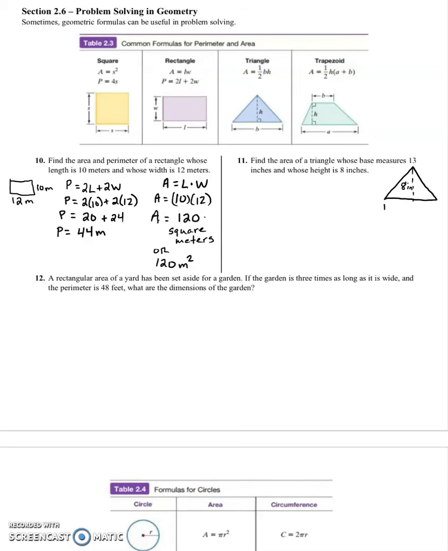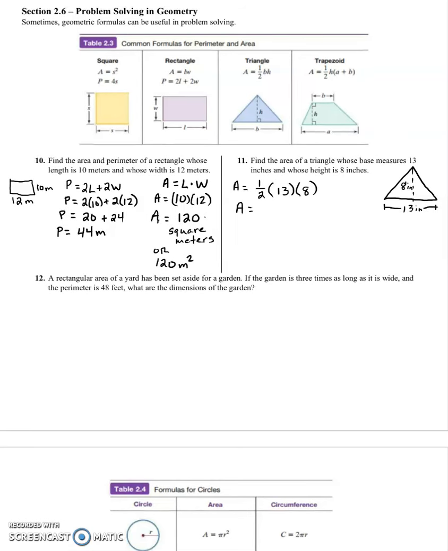And the base is 13 inches. Okay, so according to our formula, area of a triangle is 1/2 the base times the height. So we have 1/2 times 13 times 8.